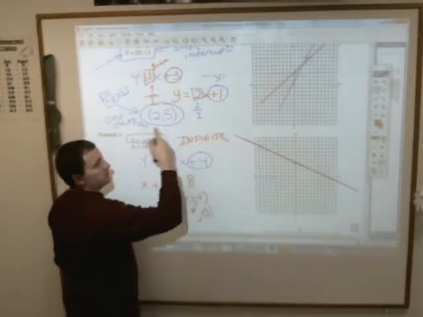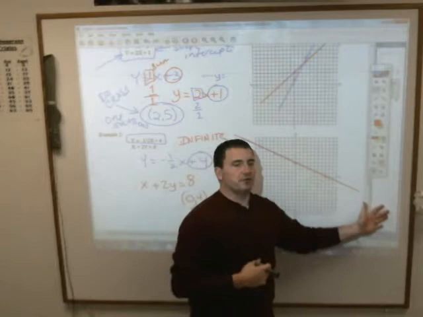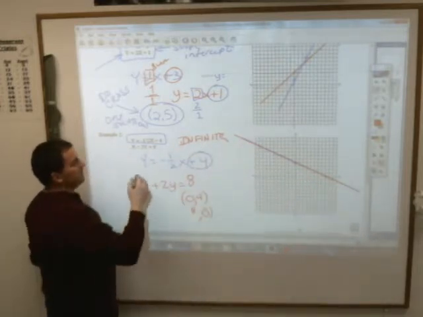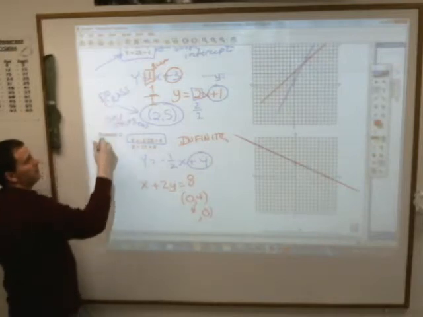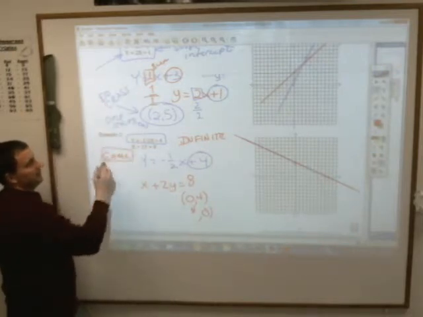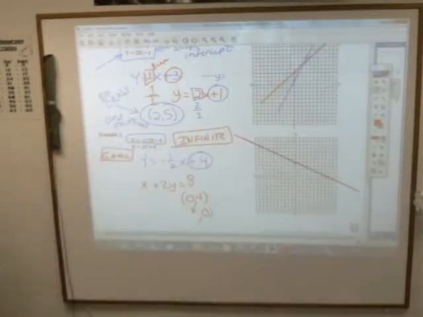Because these lines keep going on forever, any point on that line going in forever direction would be an answer to it. So if it's the same line, then you just say it's got infinite solutions, because there is no one set answer for it.